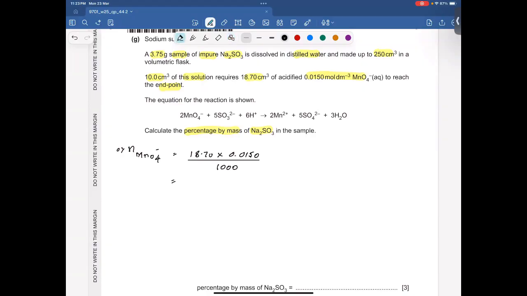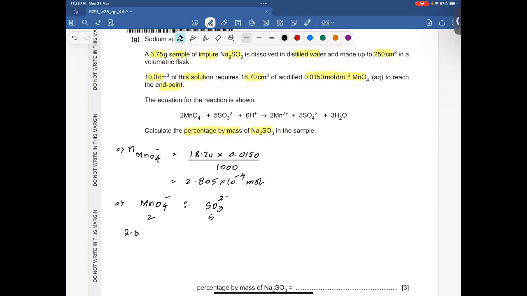So the moles of manganate ions is going to be 2.805 into 10 to the power minus 4 moles. Now, according to the equation, manganate ions and sulfite ions have a 2:5 ratio.